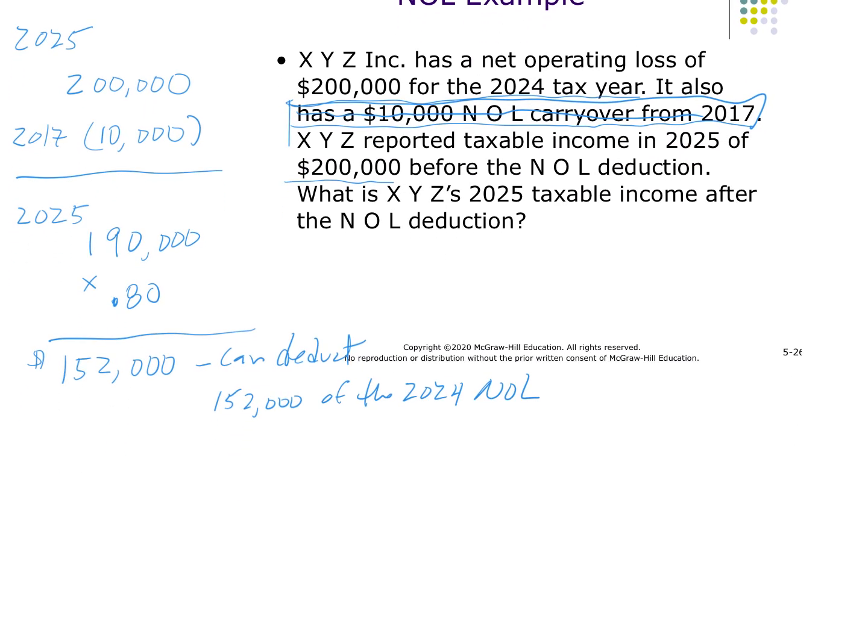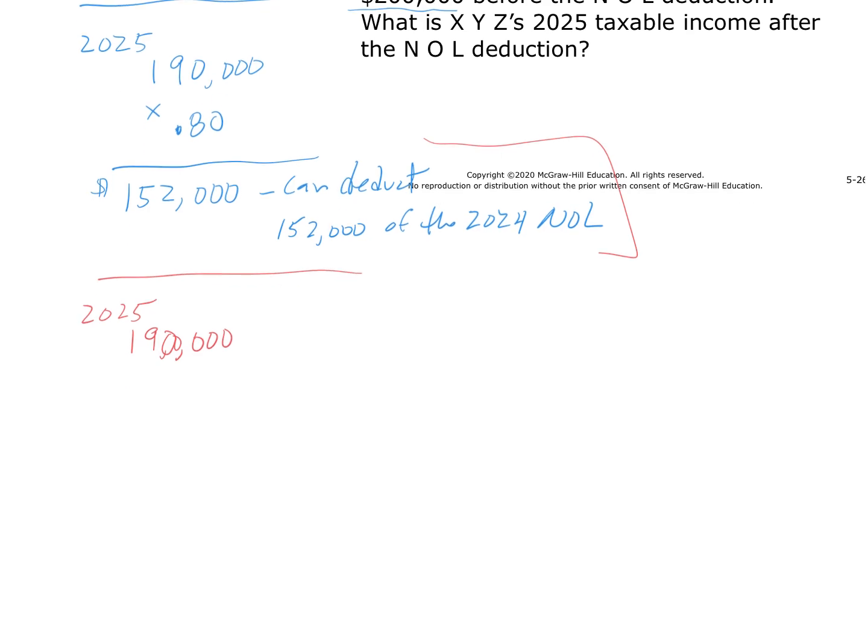So I'm going to switch colors here. All right. So this whole calculation right here was just to tell us how much we could deduct. So remember that for 2025, we still had $190,000 of income left.